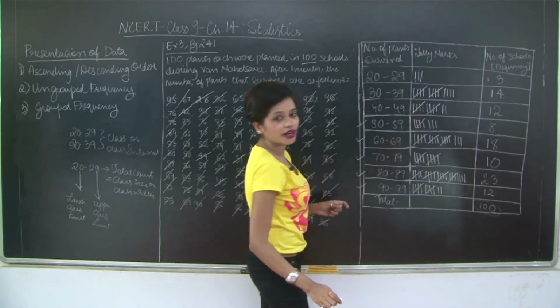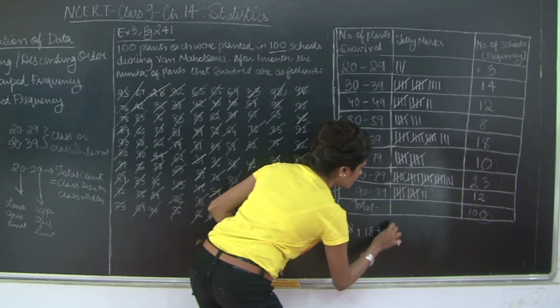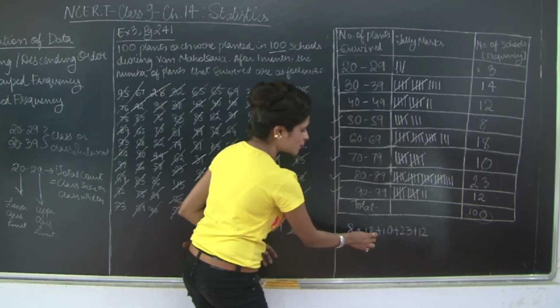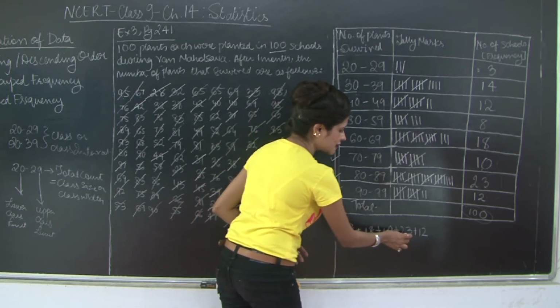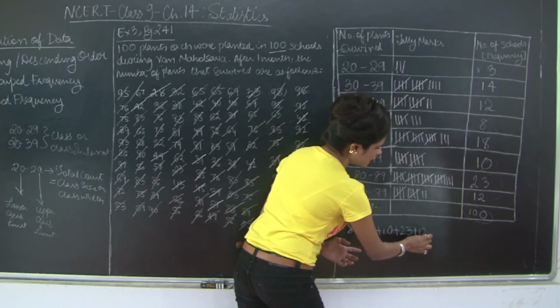So we're going to add the number of schools. 8 plus 18 plus 10 plus 23 plus 12. So 8 plus 18, 26, plus 10, 36, 36 plus 23 is 59, then 60, 61 and 71.